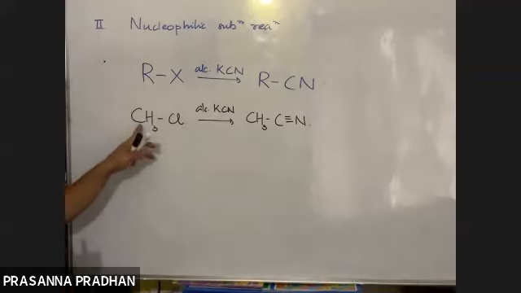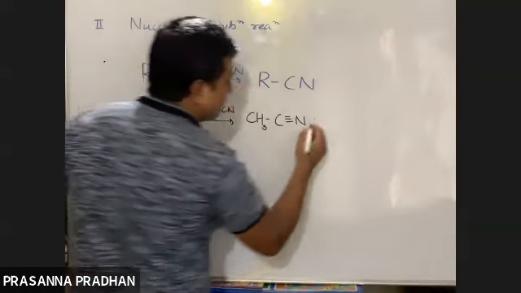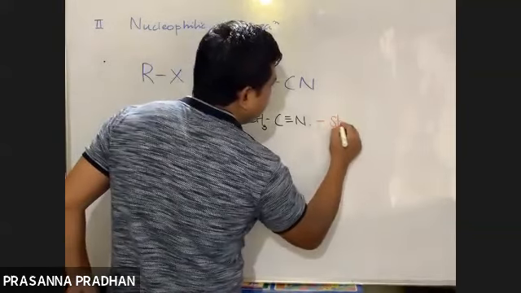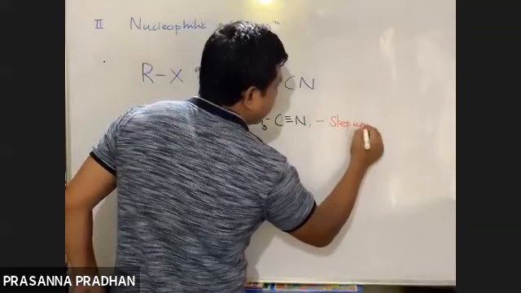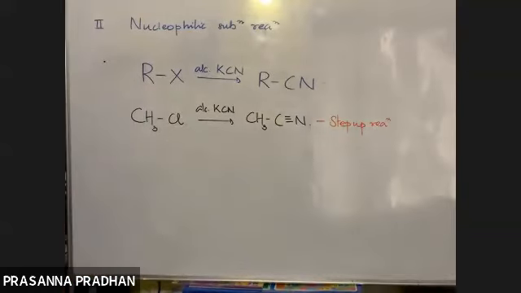Here there was 1 carbon atom, here there are 2 carbon atoms. So this type of reaction is known as a step up reaction. Step up reaction means we are stepping up, we are adding an extra carbon like this.